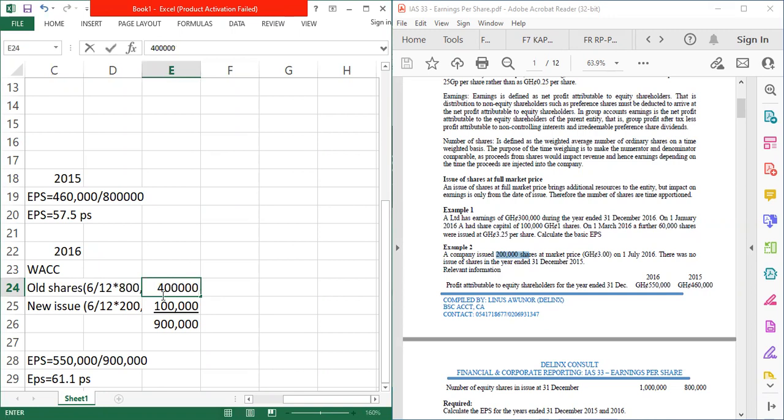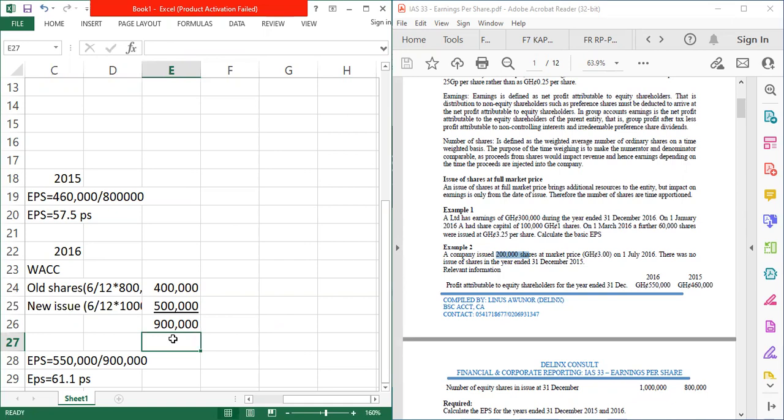So our total shares from July will now be 1 million, and that will also do 6 months. So we do 1 million for all of this, and that will give us 500,000. And the total will give us the 900,000.